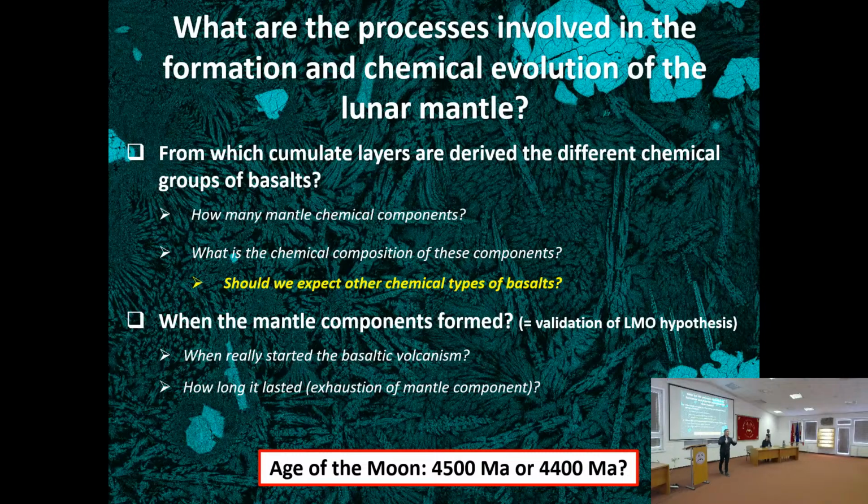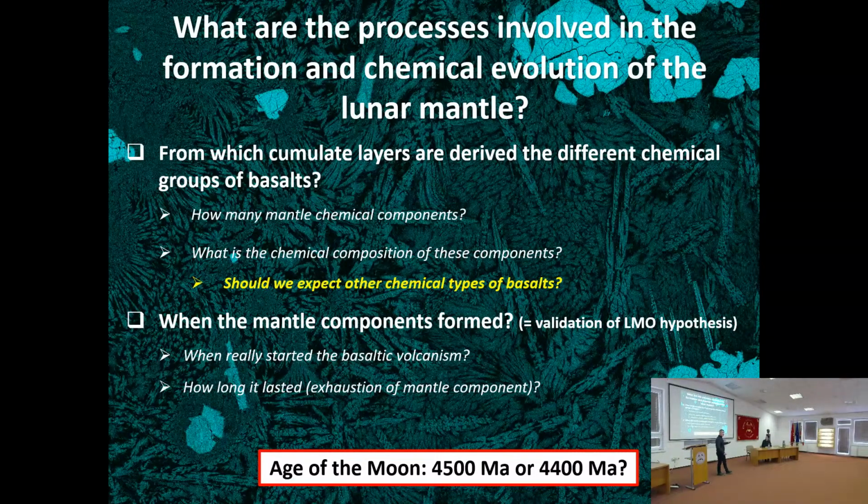And within this question, we have sub-questions. How many mantle chemical components should we expect? What are the chemical compositions of these components? And then, do we expect other chemical types of basalts?